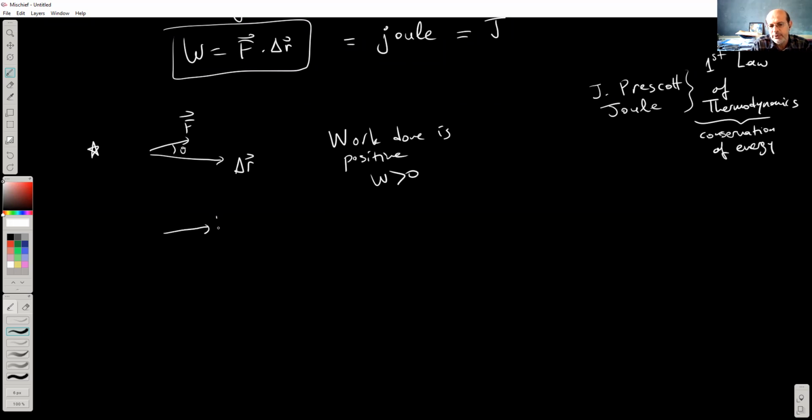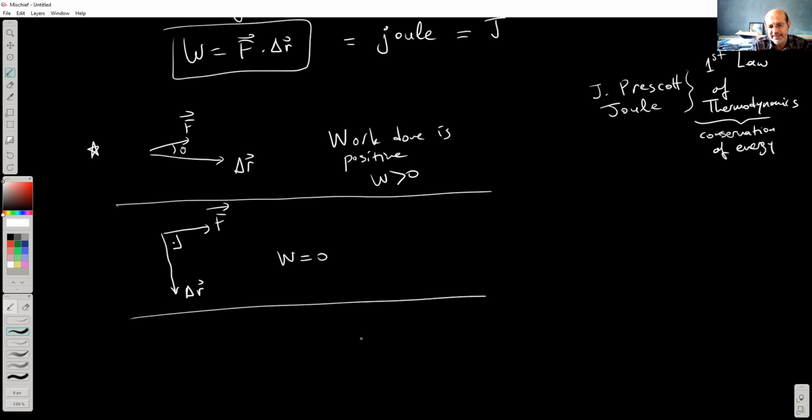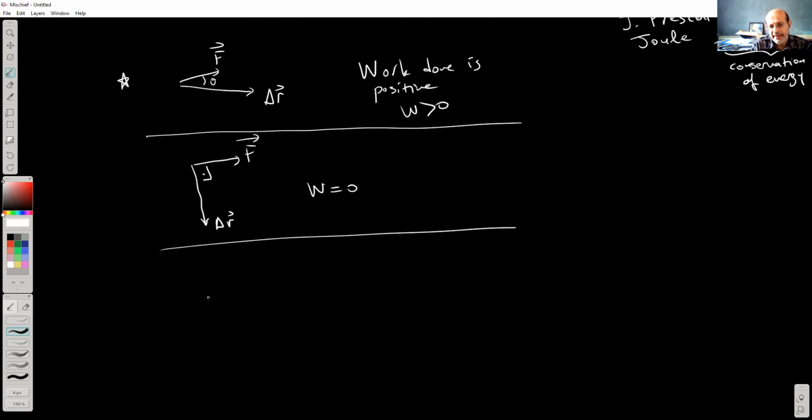But then there are situations where the force is like that and the displacement is like this, right? In that case, the angle is equal to 90 degrees, in which case work done is equal to 0, right? Let me separate these situations like that. And then we have a situation where you push the object like that, but the object moves in the opposite direction, let's say, or with some angle to that direction.